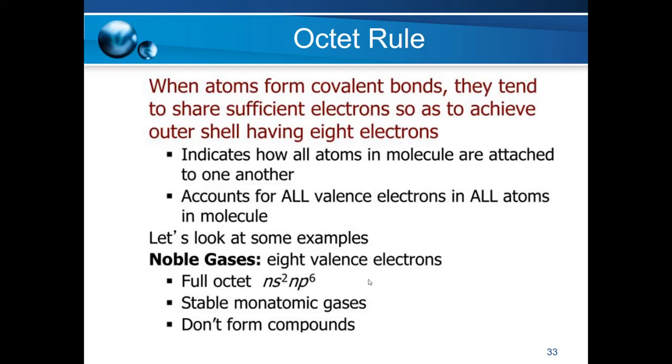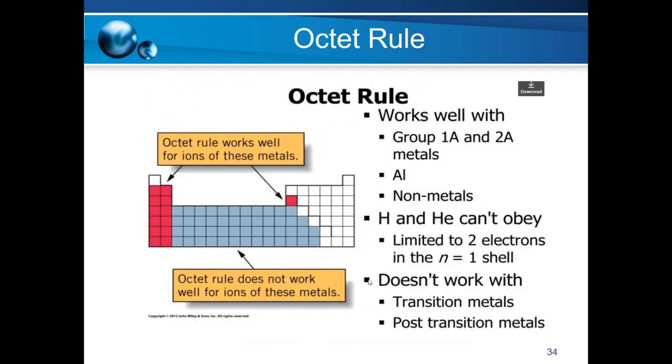And it indicates how all atoms in a molecule are attached to one another and accounts for all valence electrons in all atoms in the molecule. Then please take a look at some examples for noble gases. For noble gases, normally for argon and neon, it has 8 valence electrons. So the full octet is ns2 np6, stable monoatomic gases that don't form compounds.